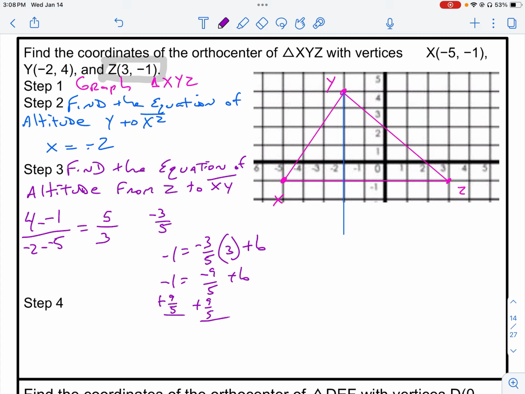So -1 is -5 over 5. So 9/5 minus 5/5 is 4/5 for my b. So my equation of my line is y equals negative 3/5 x plus 4/5 as my slope-intercept form.